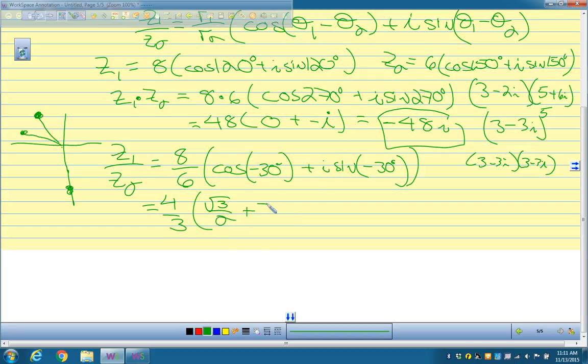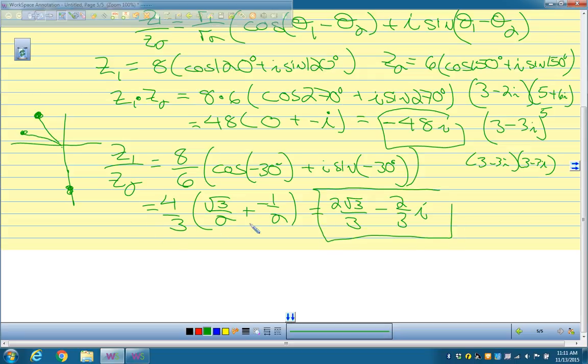And the sine of negative 30 is negative 1/2. So if I multiplied that out together, this 2 cancels with that. I get 2 root 3 over 3 minus 4 over 6, which is minus 2 over 3 in the i direction. Okay?